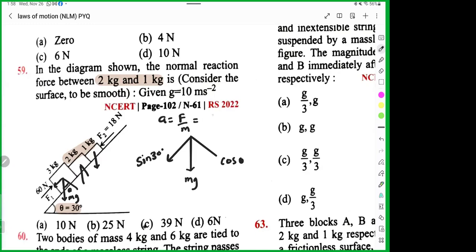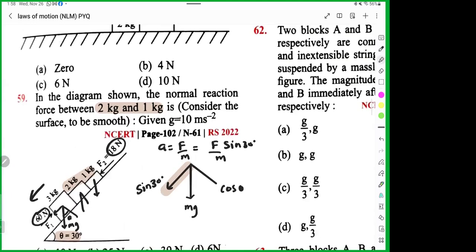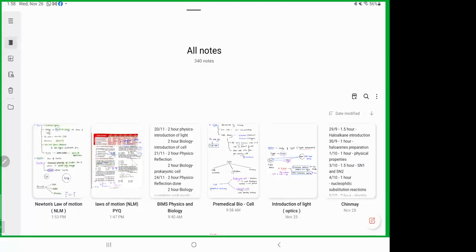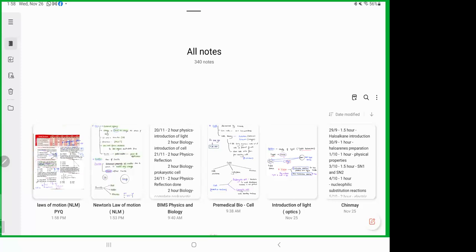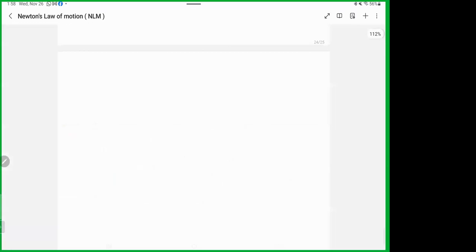Total force will be present in the F sin form by total mass. Now here you will see 18 Newton force is acting in the downward direction. This is of course greater. At the same time, mg sin theta is also acting in the downward direction. I think I should explain this in the proper form. अच्छा question है.